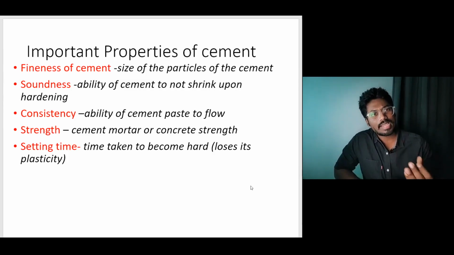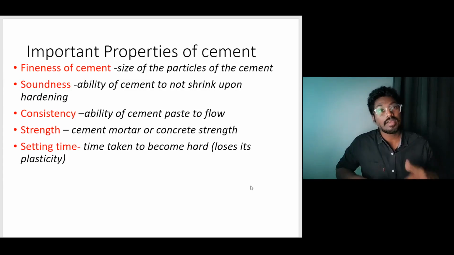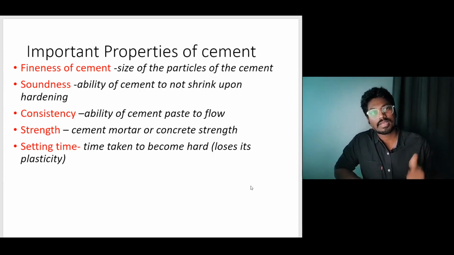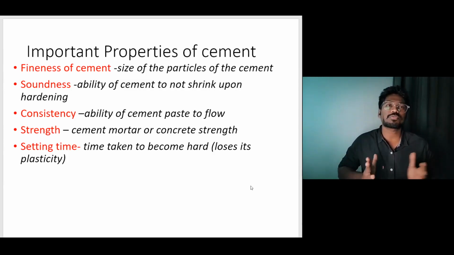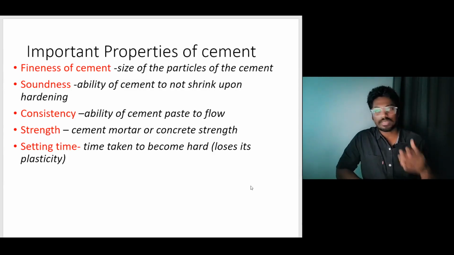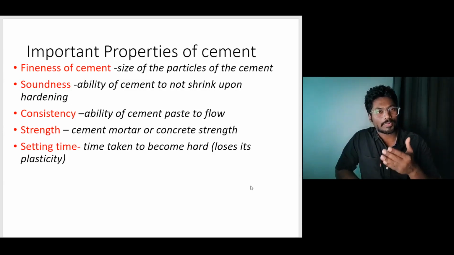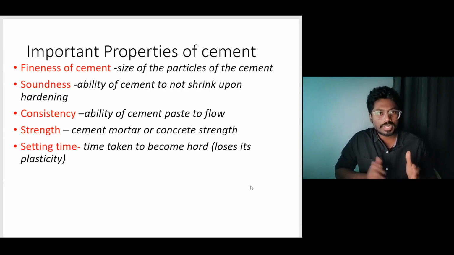You can say a cement is sound if it is exhibiting less amount of shrinkage. Lesser the shrinkage, better the soundness of the cement. You can call a cement an unsound cement if the shrinkage is much higher. Sound is not a word in terms of audio, but a term of quality over here. More shrinkage, unsound cement. Less shrinkage, sound cement.